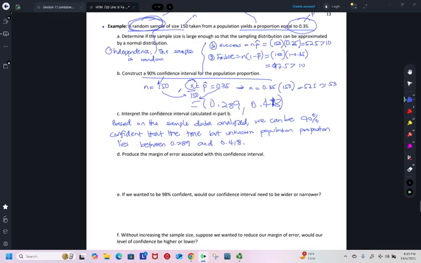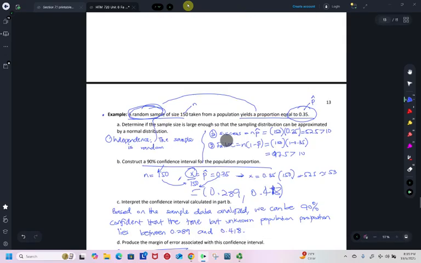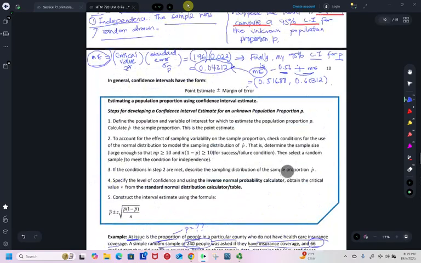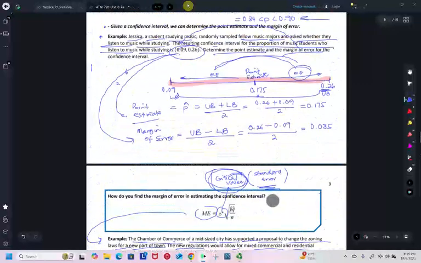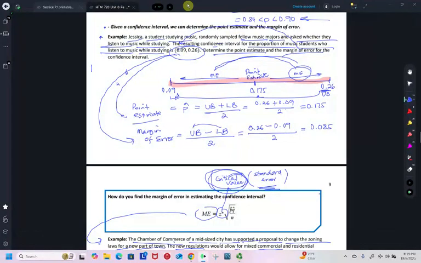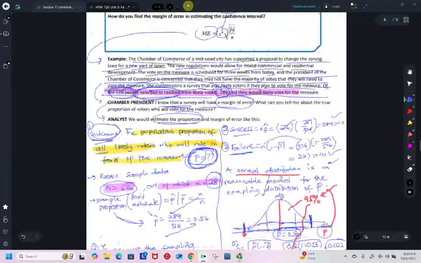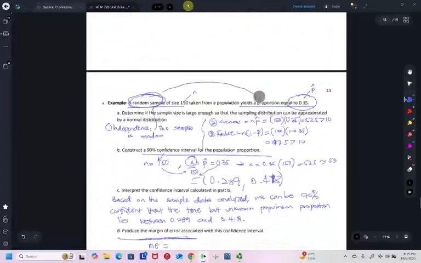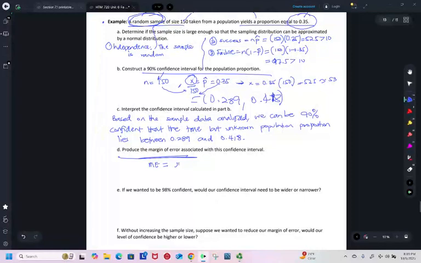The next question says we should produce the margin of error. Margin of error, as we learned in our earlier notes, is always the upper bound minus the lower bound, divided by 2.